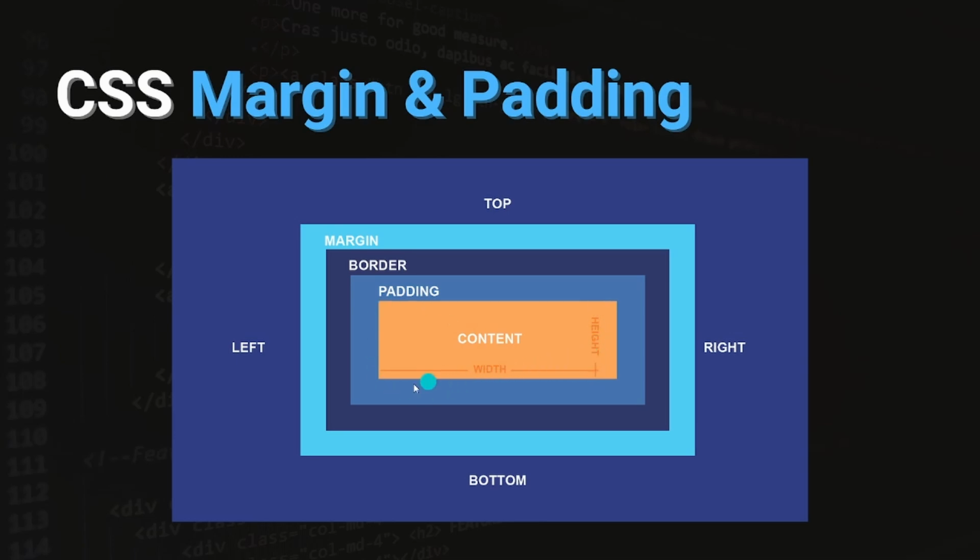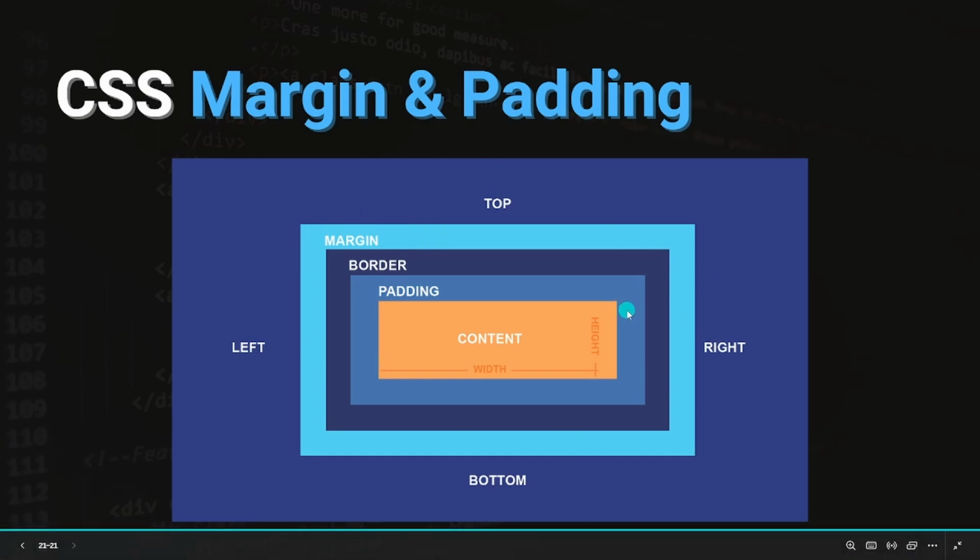Then the padding is the first that's going to give some spacing. It will give spacing from the inside, because if the border is 0 or the neutral area, then the padding comes to the inside, and the margin is same as the padding. It gives spacing, except that it will give spacing towards the outside.